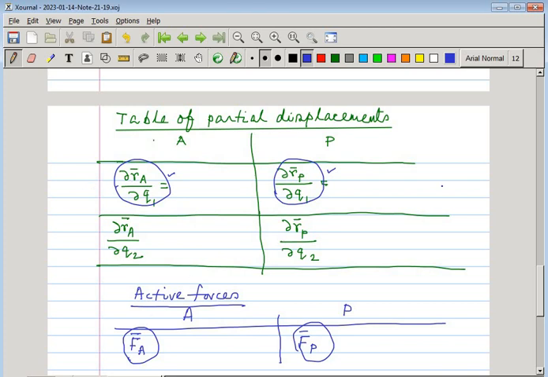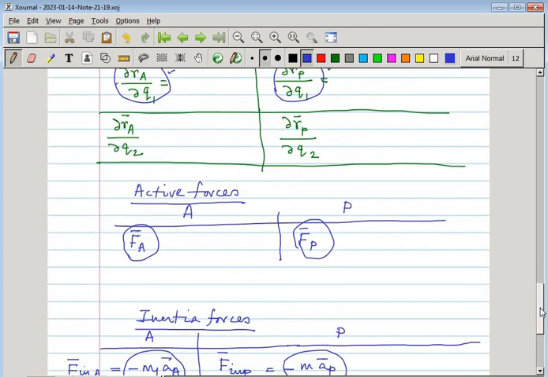So first row, this term into this plus this term into this plus this term into this plus this term into this. So this equal to 0. This gives you the first equation.